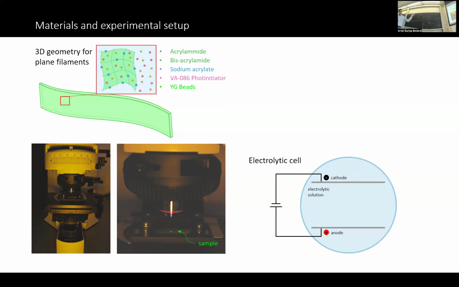Okay, after the samples are prepared, the experiment is performed in an electrolytic cell, because we need to activate this material by an electric field. So we have two electrodes, to which we apply an electric potential, and an electric field is generated between them in a solution of salty water.